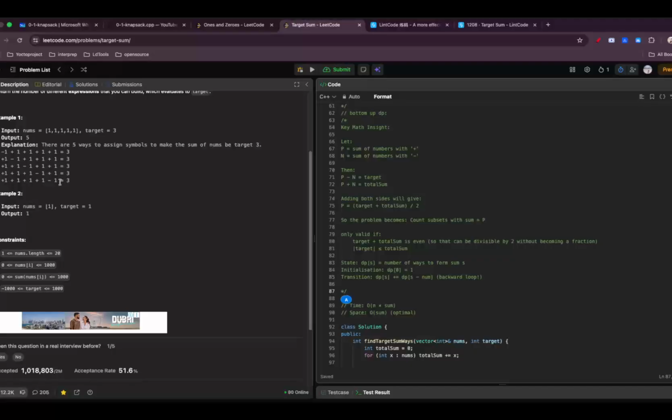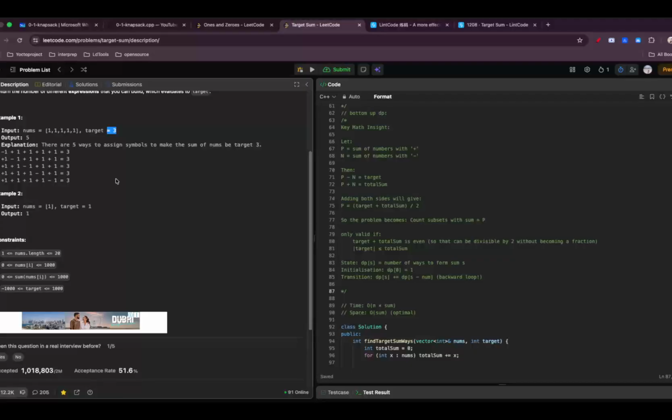I'm not saying that adding up all of these will give us the target. What I'm trying to say is that a particular expression will have positive and negative both, so why should we be concerned with the negative at that point? It's better we just concern ourselves with the positive one, because the positive is also part of that expression.